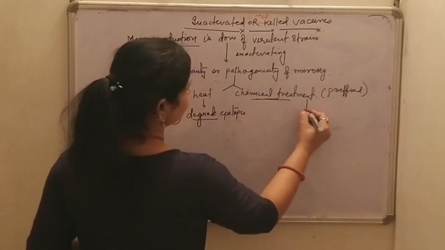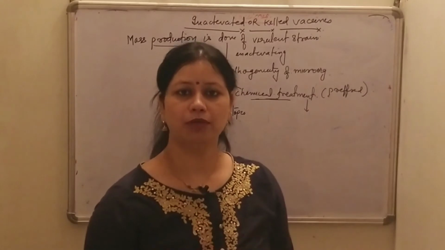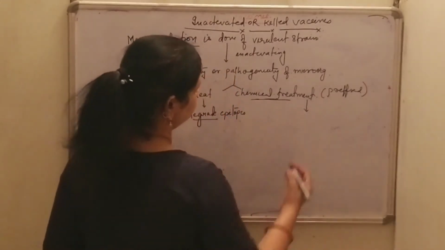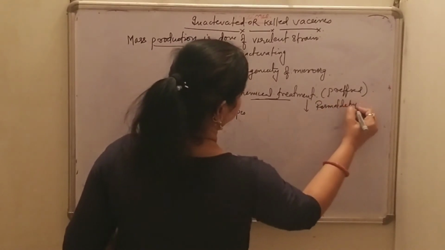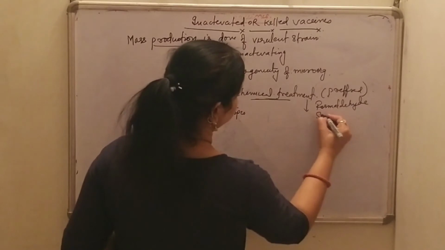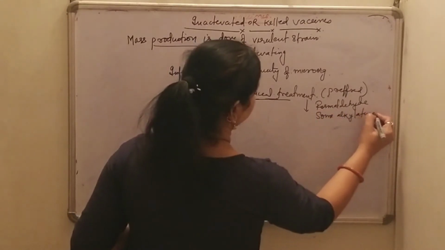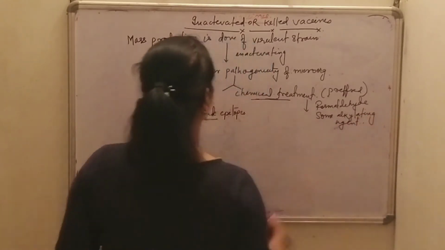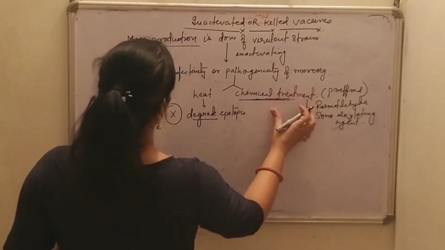What type of chemicals are used? Generally formaldehyde is used, otherwise alkylating agents. So formaldehyde and some alkylating agents can also be used, and this chemical treatment is more preferred.